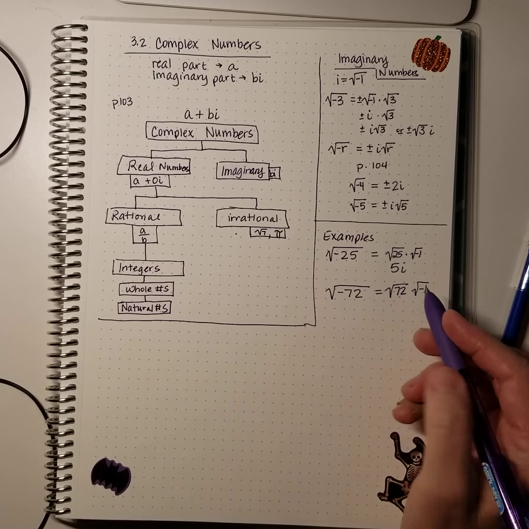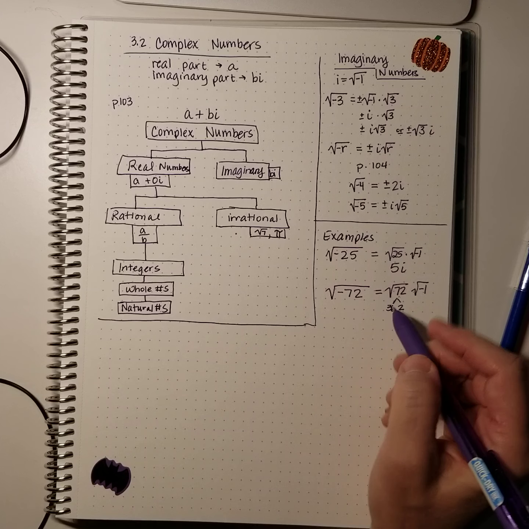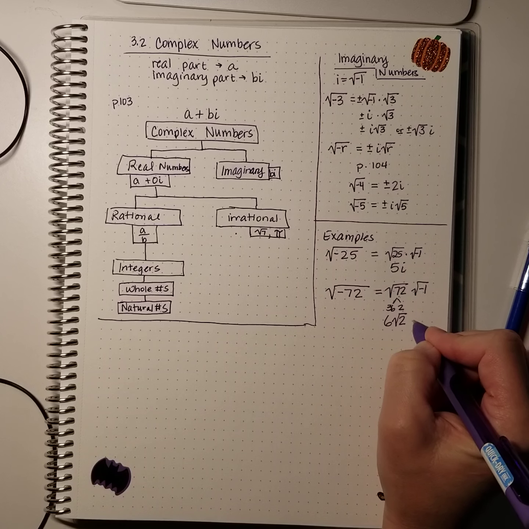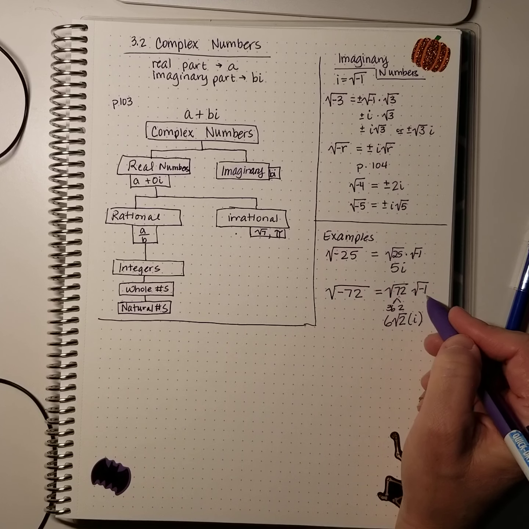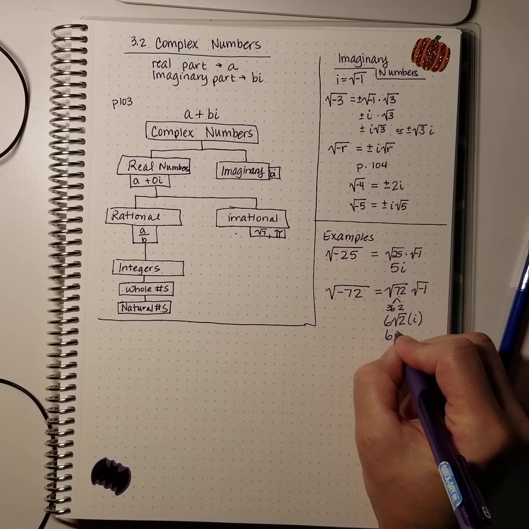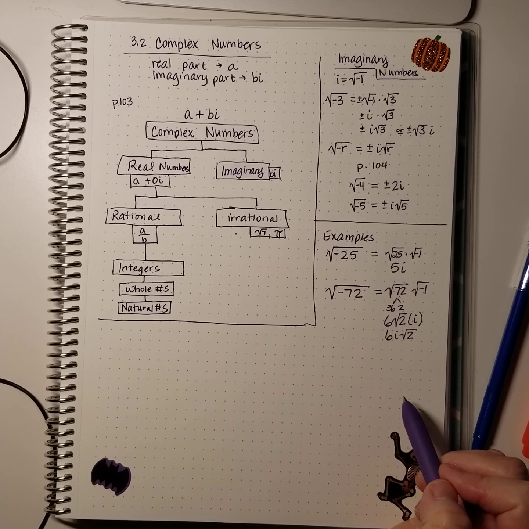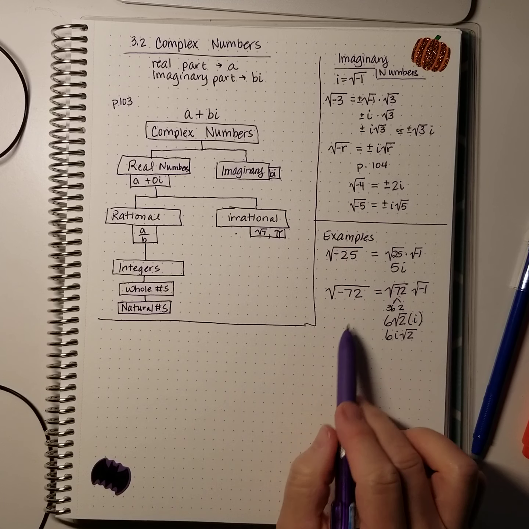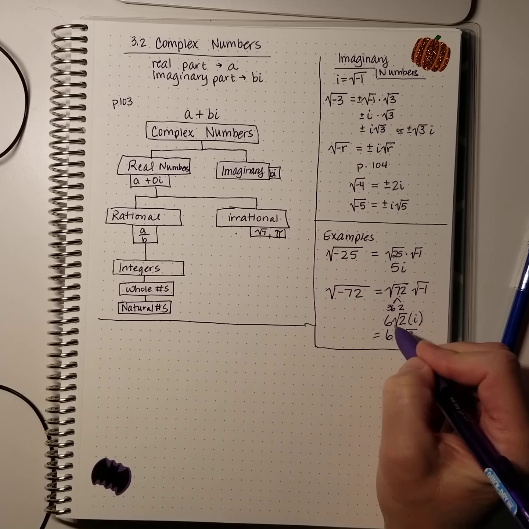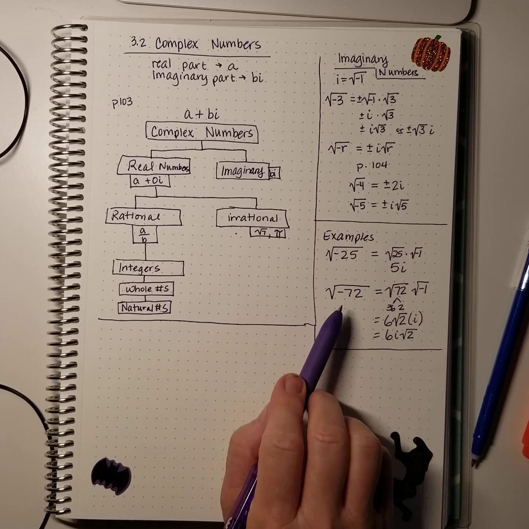Square root of 72 is 36 times 2. So we can take a 6 out of that root, leave the 2 in. We still have this times i for our root -1, and we'll rearrange this so it's really clear that our i is not inside our radical. Okay, so there's a couple of examples of how you can simplify square roots of negative numbers.